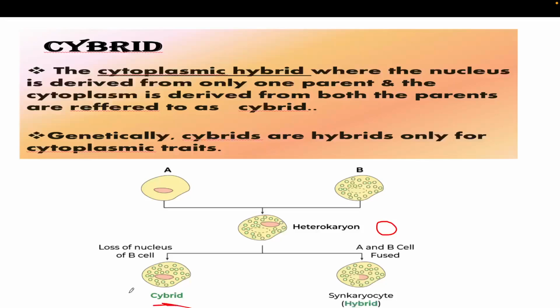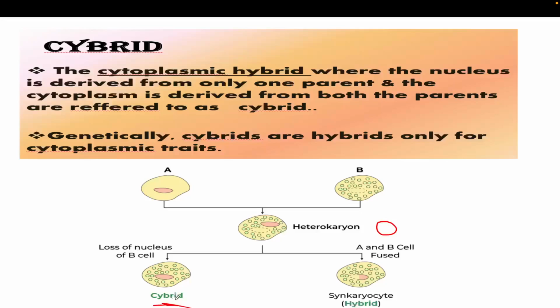But if you only require the cytoplasmic trait, then you just enucleate one cell and fuse this enucleated cell to another cell which has the cytoplasm as well as the nucleus, and it will give you the cybrid. The procedure of how to isolate the protoplast, how to fuse the protoplasts, then selection of the hybrid, and then culture of the hybrid all remain the same.